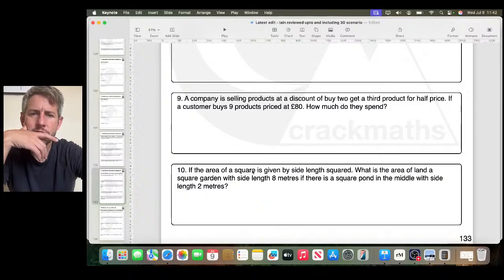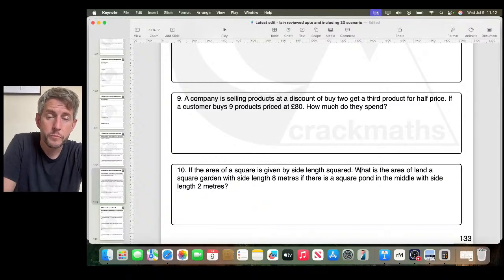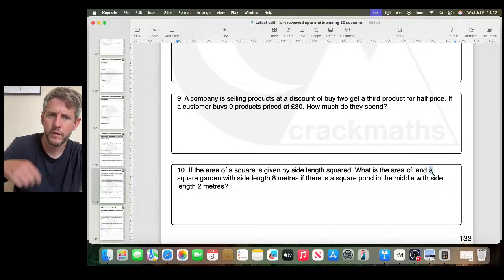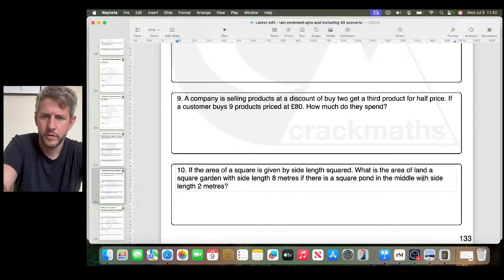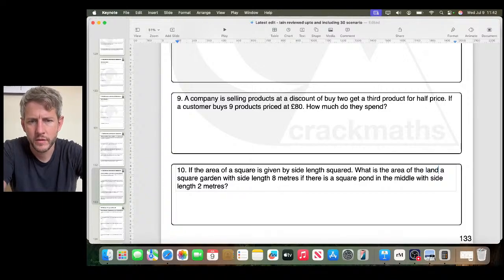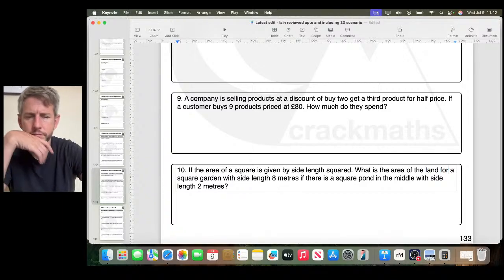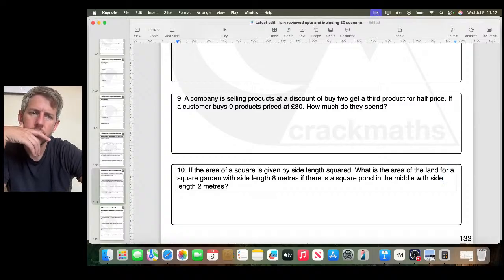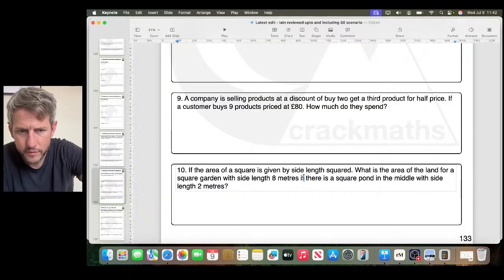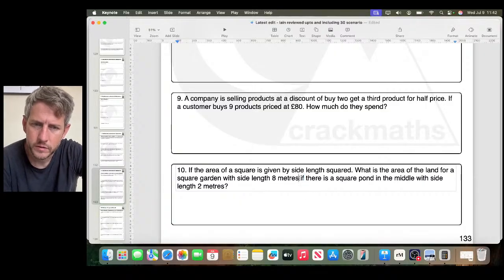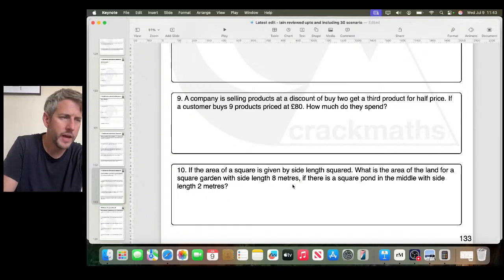Okay, if the area of a square is given by side length squared, what is the area of land? What is the area of the land for a square garden with side length 8 meters if there is a square pond in the middle with side length 2 meters? Okay, I think that makes sense.